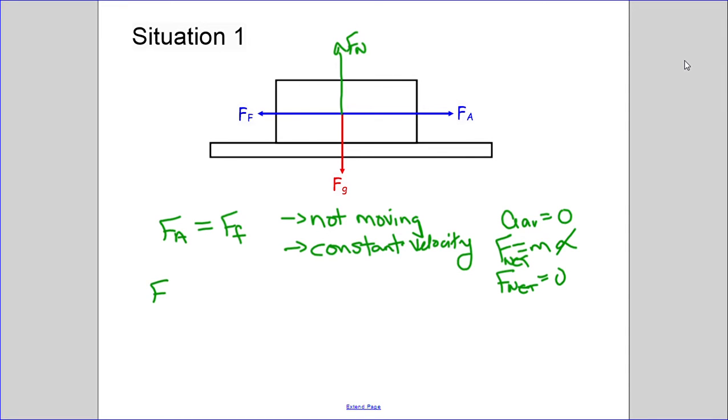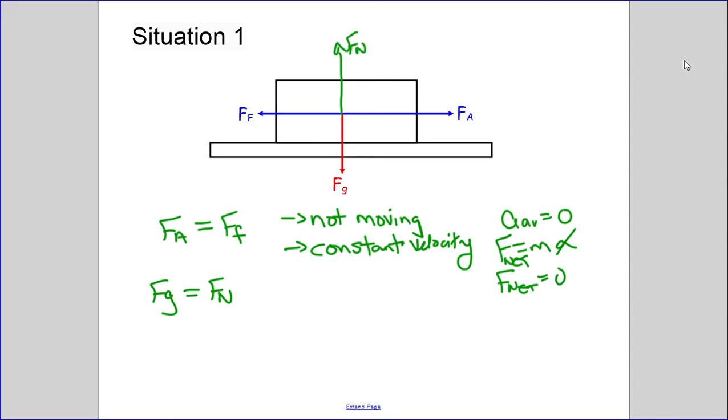Similarly, the force of gravity would equal my normal force, and they would oppose each other. Keep in mind, because we're going to be using these to calculate coefficients of friction, we're not so concerned with direction, because the coefficient of friction is just a magnitude. We're just looking at the ratio between the frictional force and the normal force.